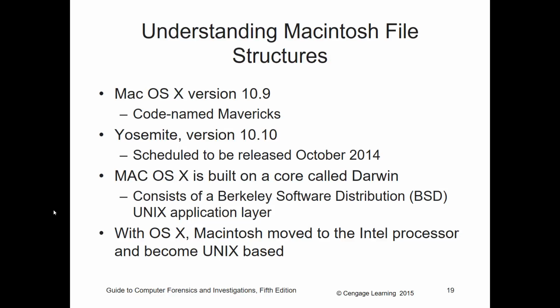OS X is built off the core called Darwin, and Darwin is basically a combination of BSD, which happens to be one of the earlier Unixes. Mac OS X has moved to the Intel processor, and it's become Unix based. Honestly, if you look at a Mac's hardware, it's the same hardware as a Windows PC.